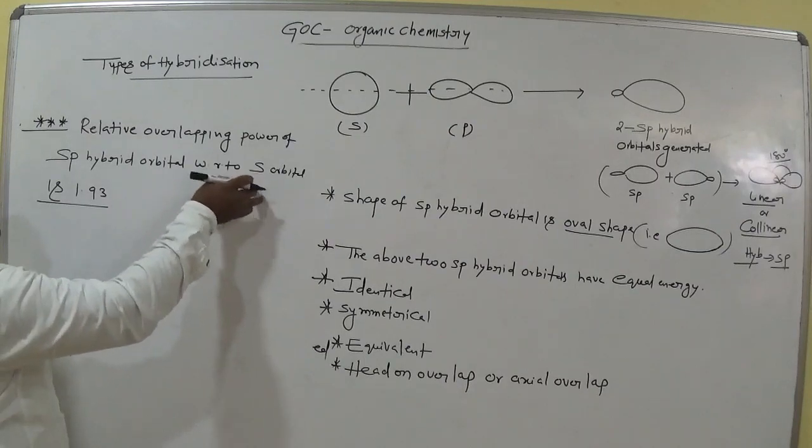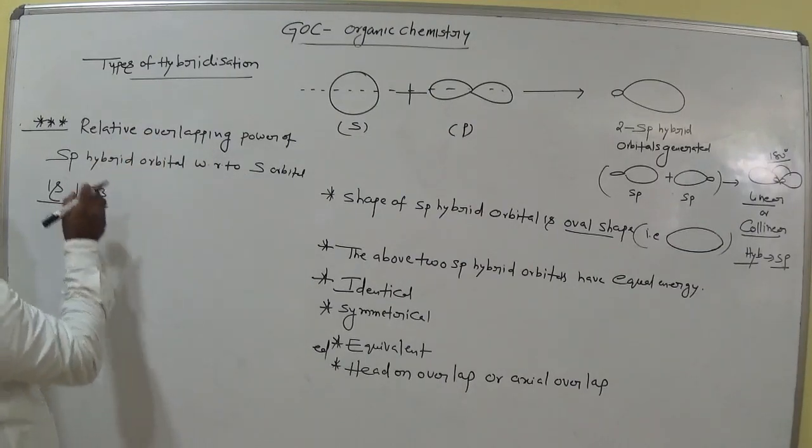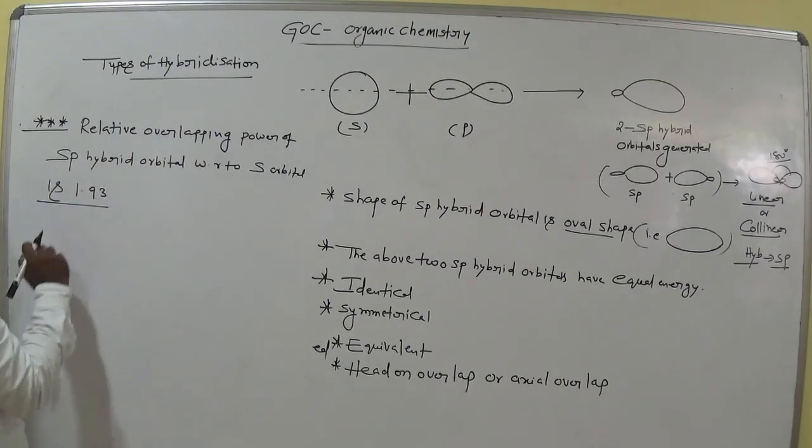With respect to the s orbital, the overlapping power for the sp orbital is 1.93, more than the s orbital.